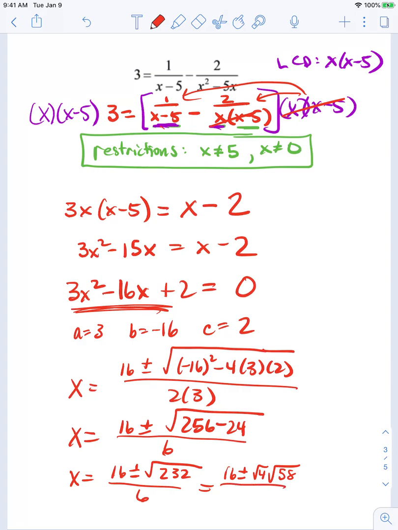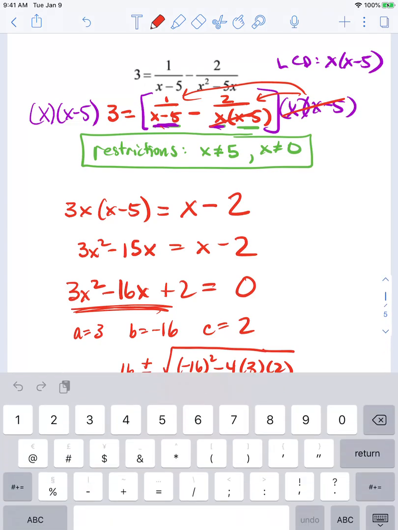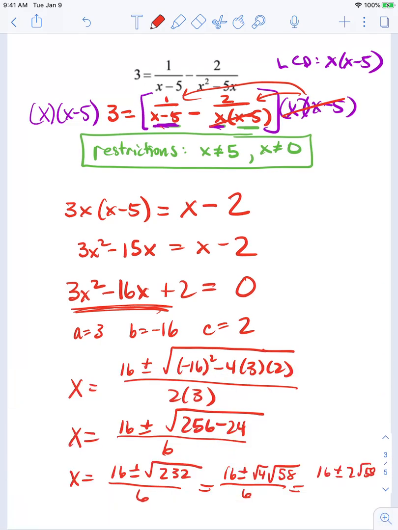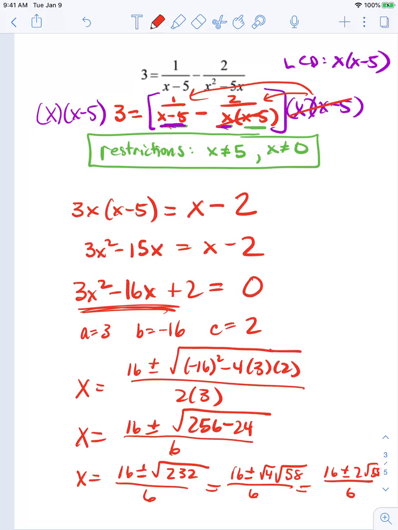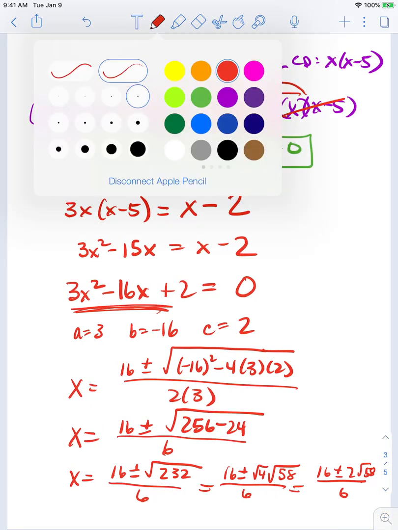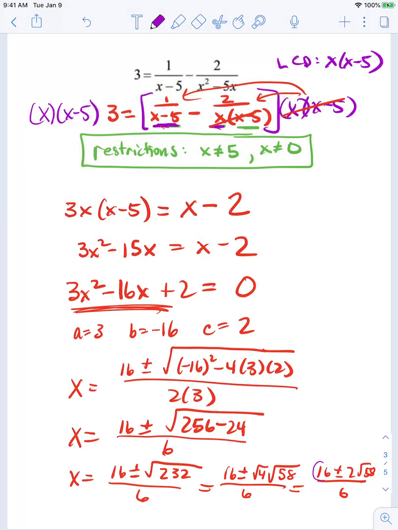And 58 is only divisible by 2 and 29, so it does not simplify further. And I get 16 plus or minus 2 root 58 over 6. And these terms here can all be divided by 2, so you need to simplify one step further.